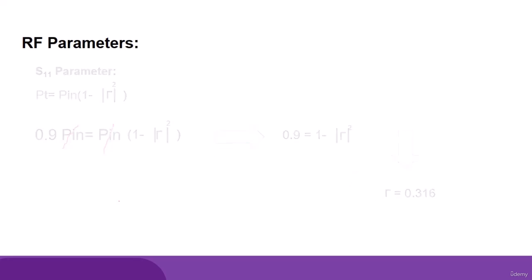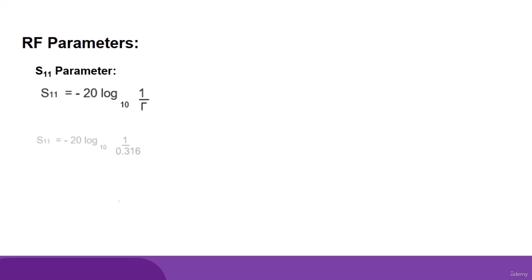Moving towards the calculation of the S11 parameter, what exactly is the S11 parameter? According to the equation, 90% of the power is transmitted. The formula to calculate this parameter is as follows.